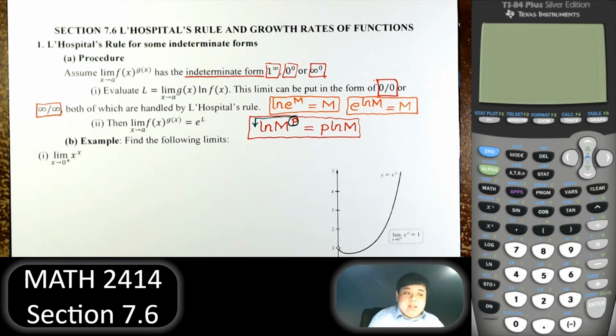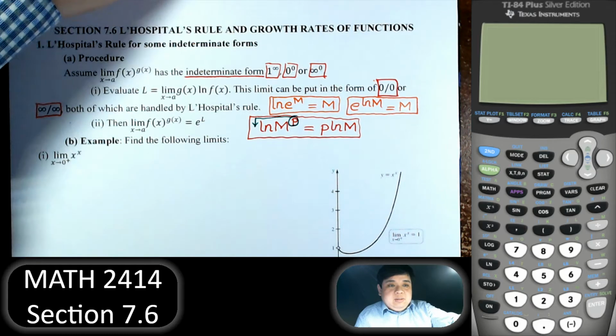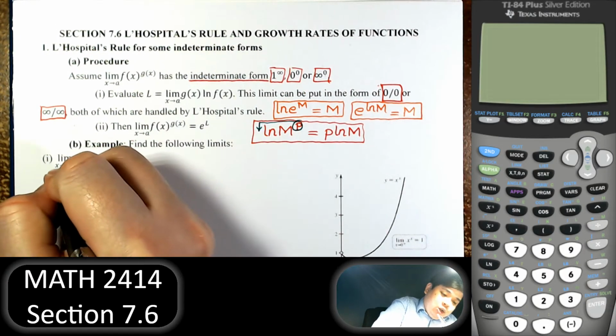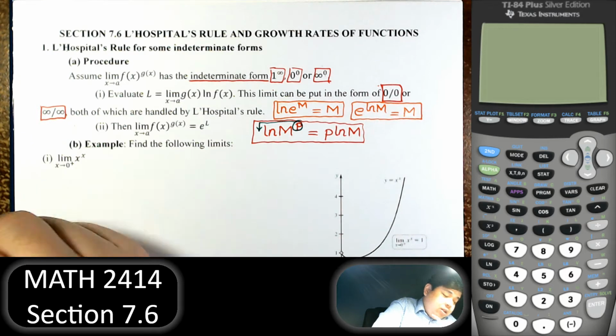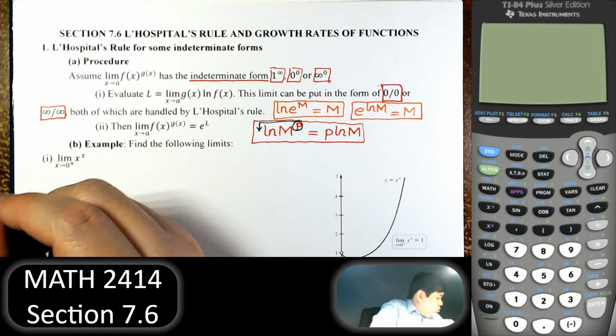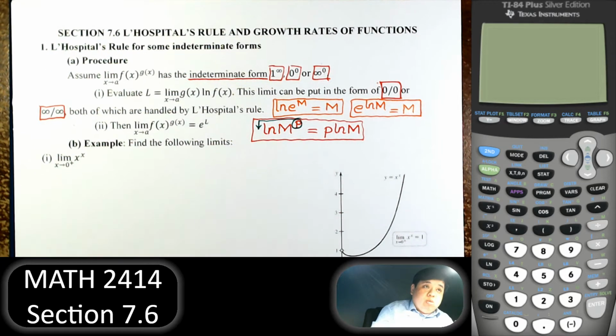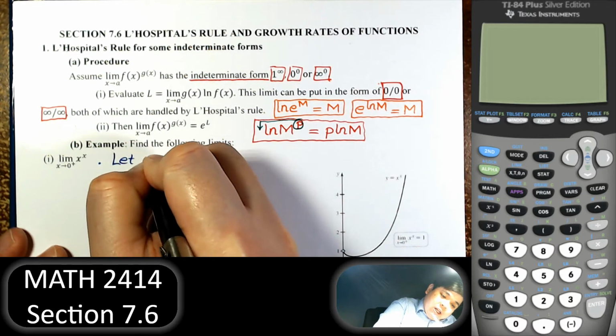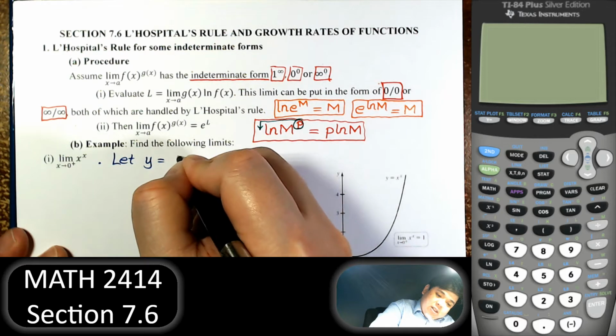We just need to confirm it analytically without the graph. If we don't know what it is, make that equal to y. By the way, this may take some space, so try to write small. First, I will let y equal that limit.